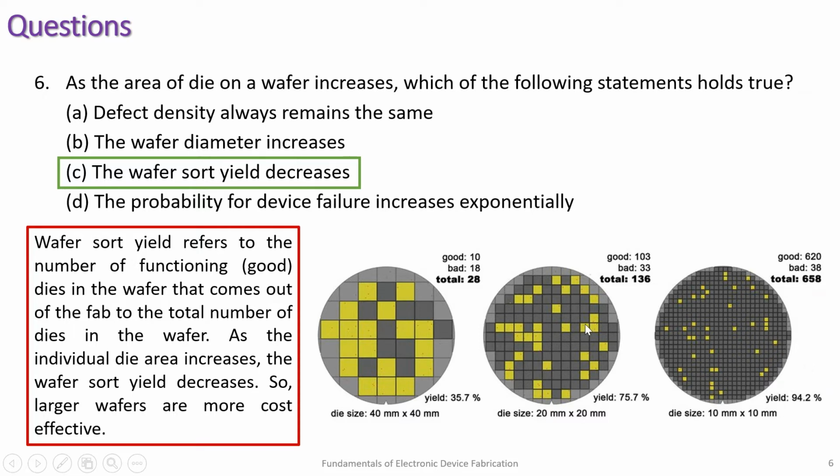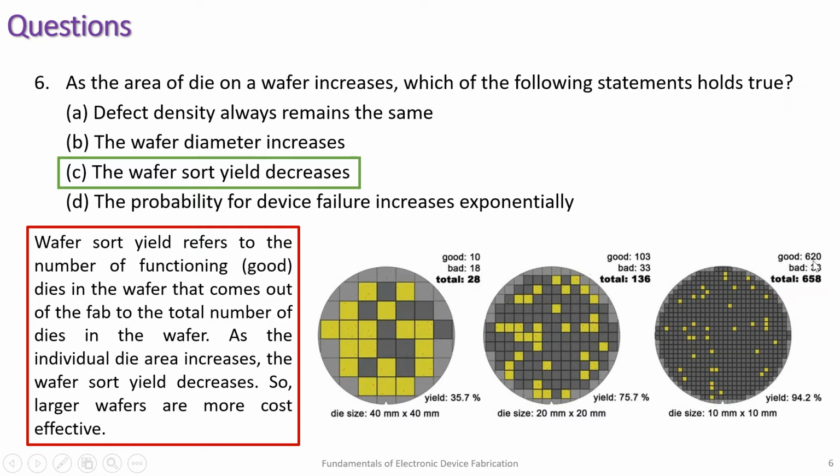But as the die size becomes larger and larger, even though the number of bad dies is approximately similar, what happens? Here the yield would be 103 by 136, which means that as the die size increases, the yield would start decreasing. And here when we have very large dies, that is only very few big squares are possible on this wafer, our total yield will further decrease because only 28 are there, out of that 18 are bad.